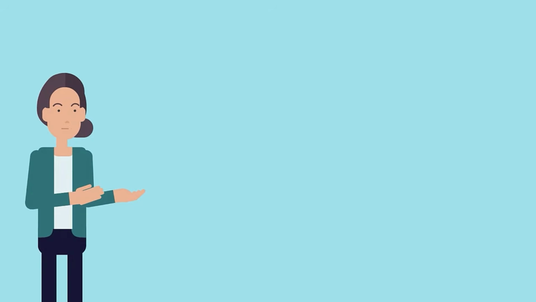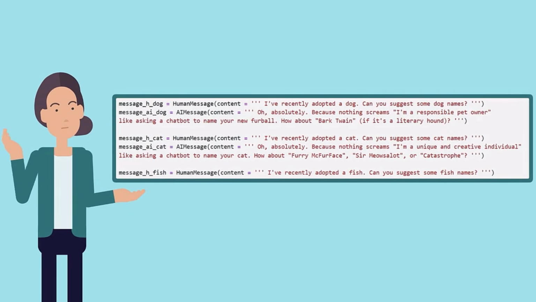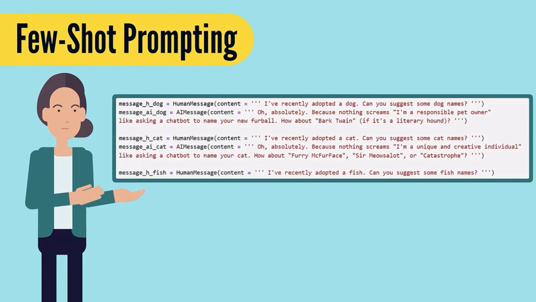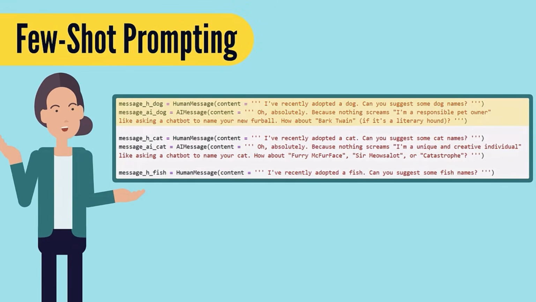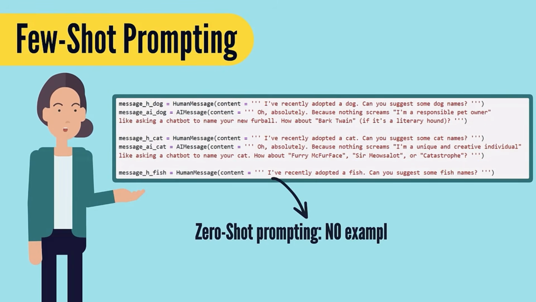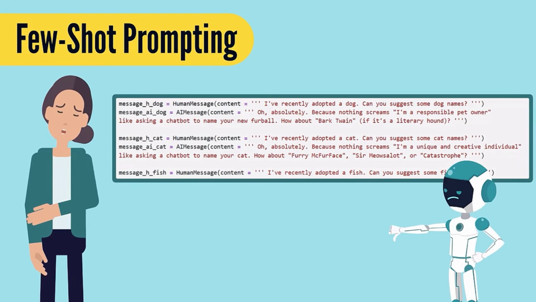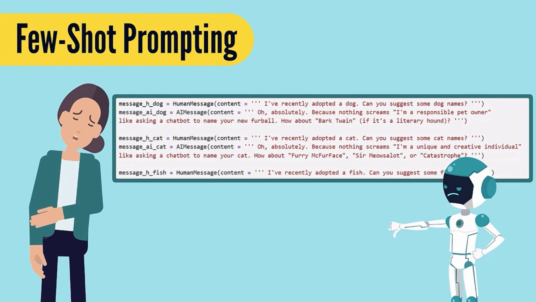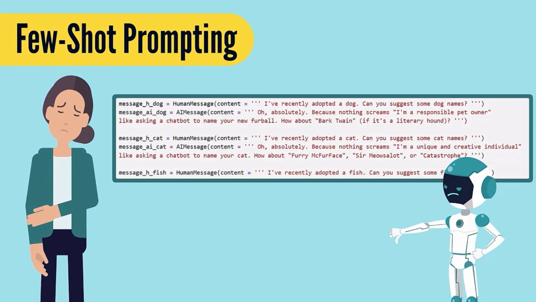Let's now revisit the lesson where we created two human-AI message pairs, which taught the model to answer questions sarcastically. We refer to this as few-shot prompting, giving the model a couple of examples to learn from. This would be zero-shot prompting if we provided no examples to the model. I think we can all agree that this previous implementation of few-shot prompting was somewhat clumsy.